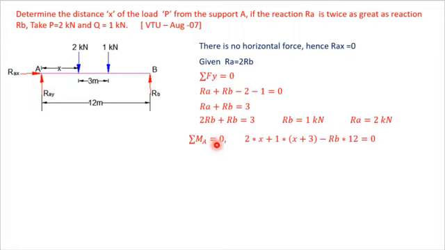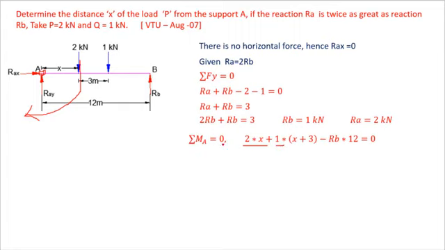Then we take moment with respect to A equal to 0. Here all clockwise moments I am taking positive, all anti-clockwise moments negative. With respect to point A, the 2 kilonewton is clockwise, therefore it is positive.